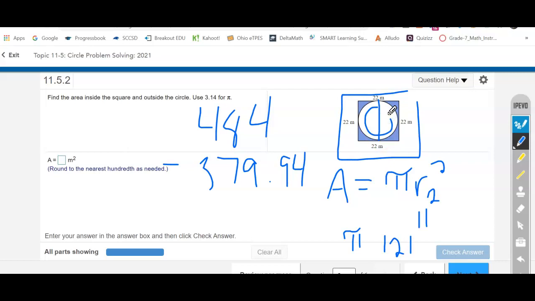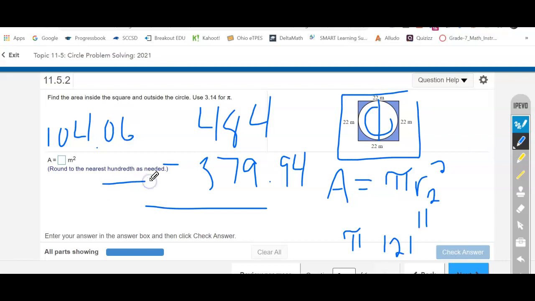And you can see that circle is cut out of the square. So we're going to subtract that circle from the entire square of the 484. So we go 484 minus 379.94 equals, and we get 104.06.